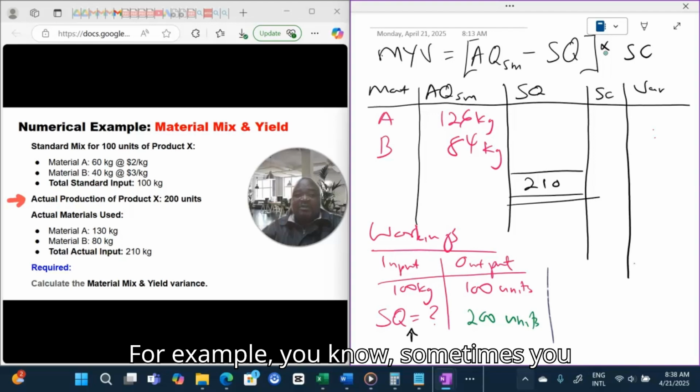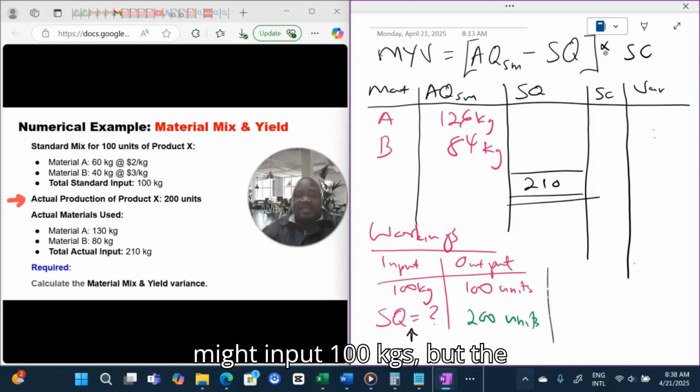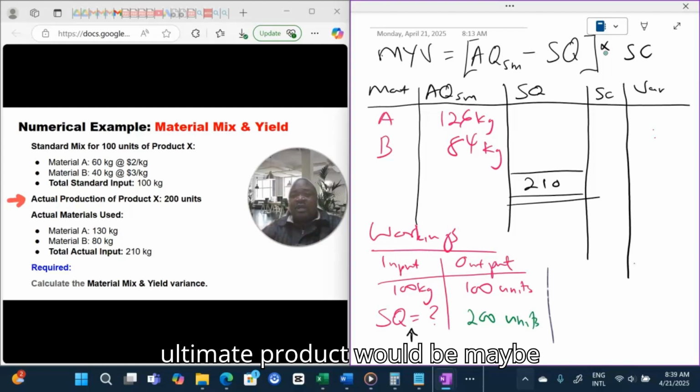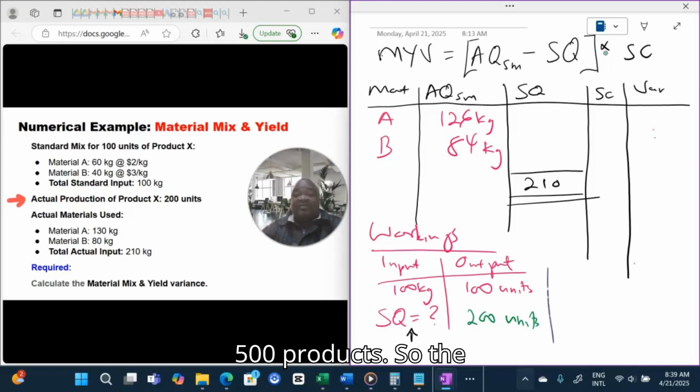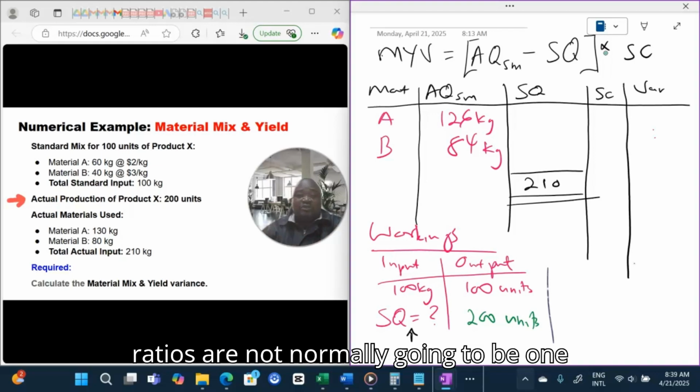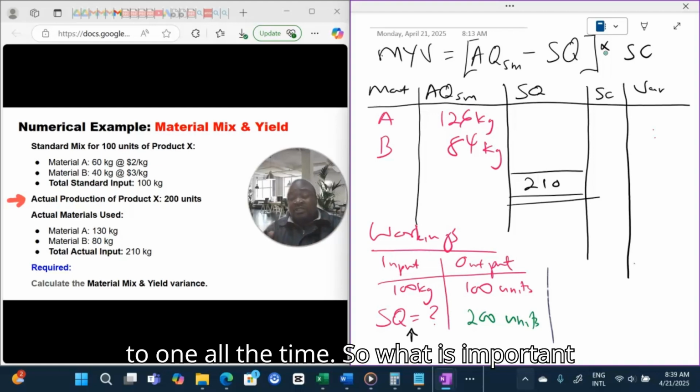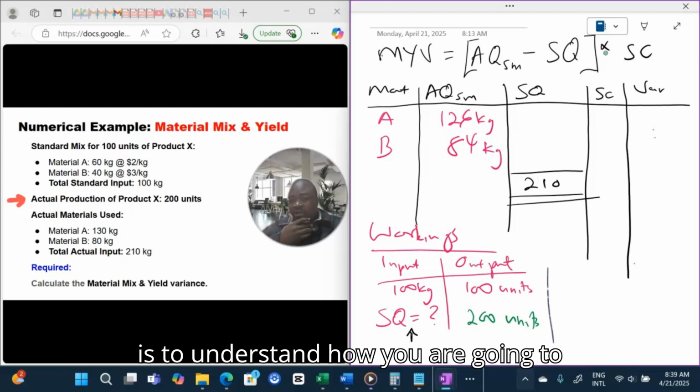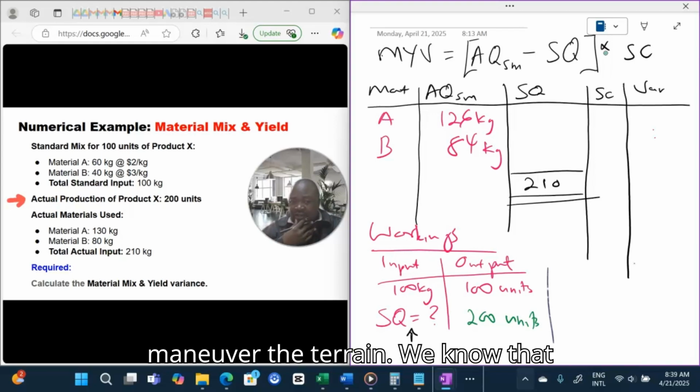For example, sometimes you might input 100 kgs, but the ultimate product would be maybe 500 products. So the ratios are not normally going to be 1-to-1 all the time. So what is important is to understand how you are going to maneuver the terrain.